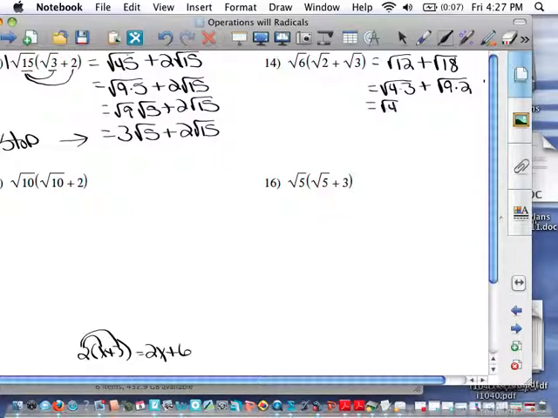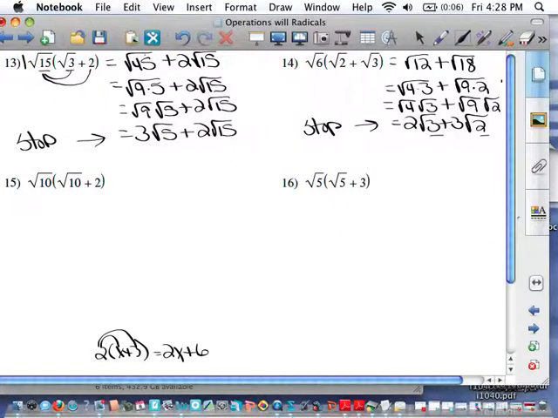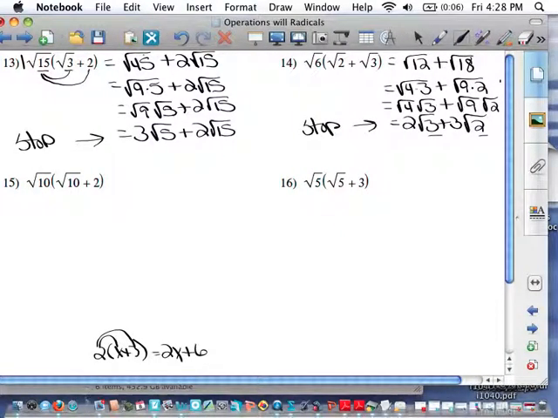I have the square root of 4 times the square root of 3 plus the square root of 9 times the square root of 2. Taking the square root of my perfect squares gives me 2 root 3 plus 3 root 2. And again, stop right here. You cannot combine because those radicands are not identical. And that's the only way you could combine them, is if they are identical.